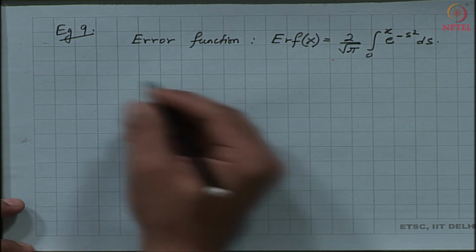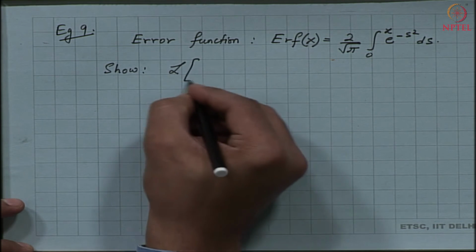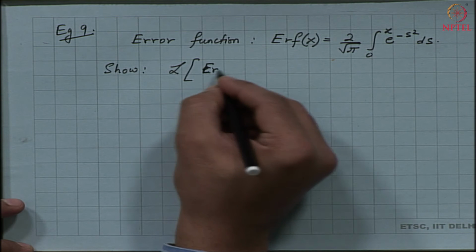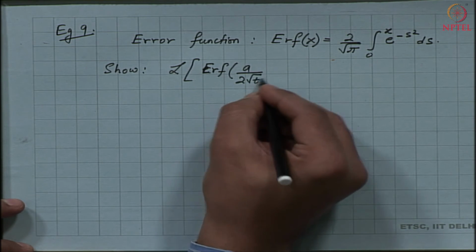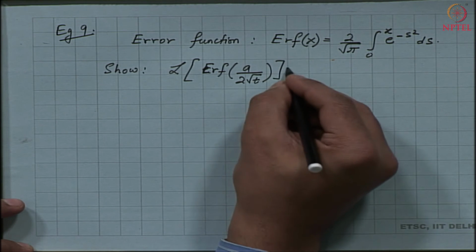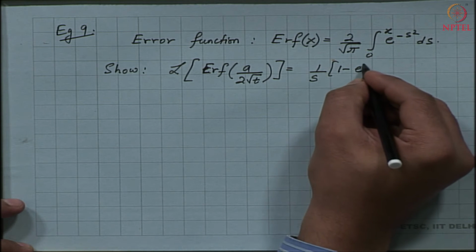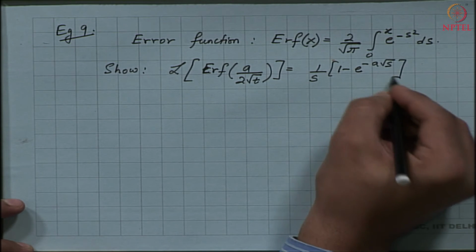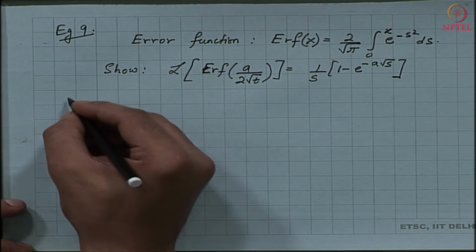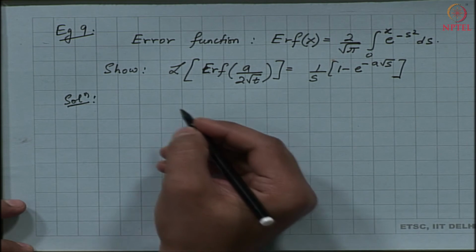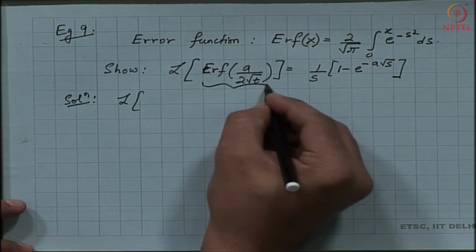Okay. So, now I have to show that the Laplace transform of the error function ERF of a by 2 square root t equals 1 by s times 1 minus e to the power negative a square root s. Okay. So, let us look at how to calculate this. Let us say that this is my function f.